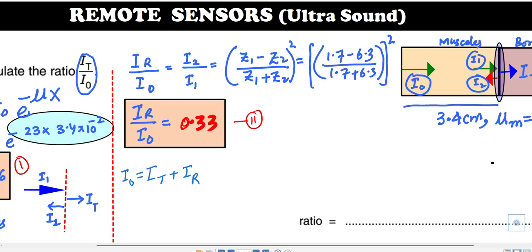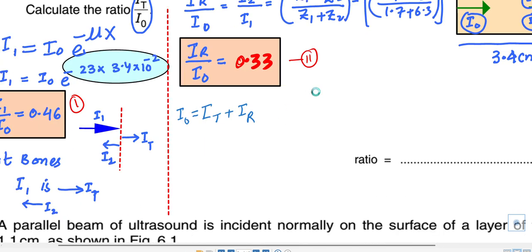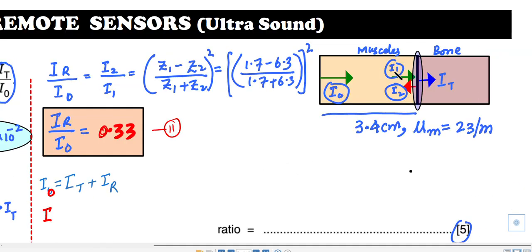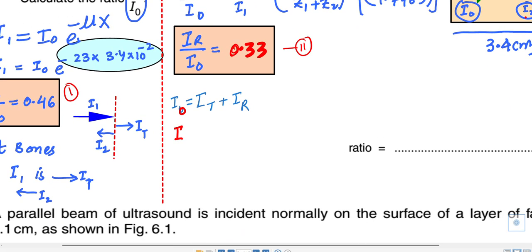We studied that the total intensity will be equal to the sum of transmitted and reflected. So what is the total intensity at the muscle and bone interface? This is I1. Out of that, IT is transmitted, I2 is reflected. So I1 is divided into I2 plus IT.